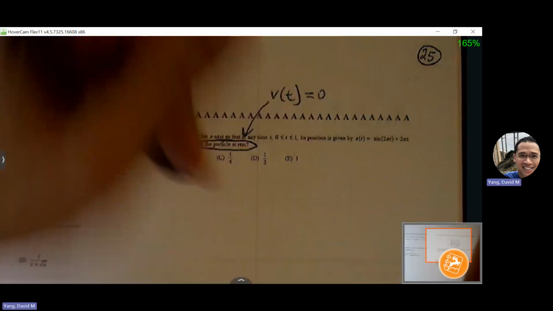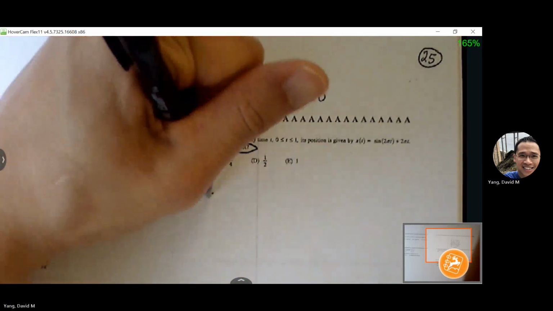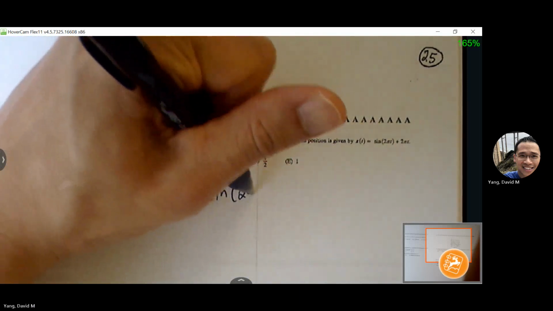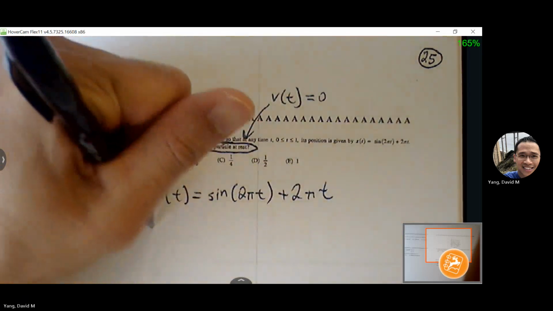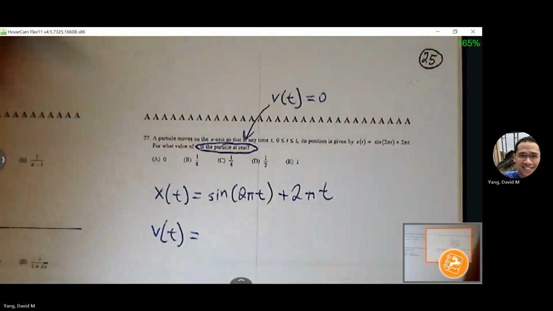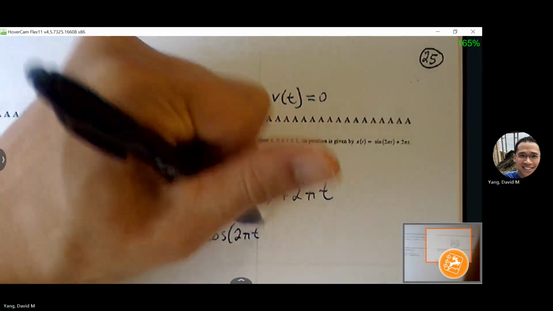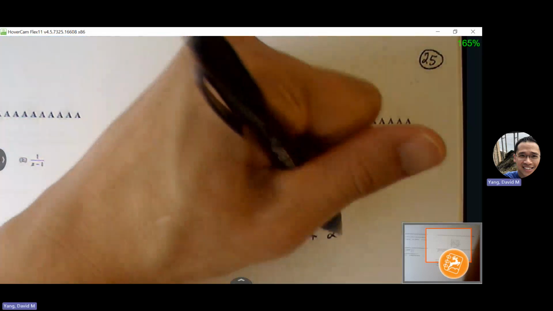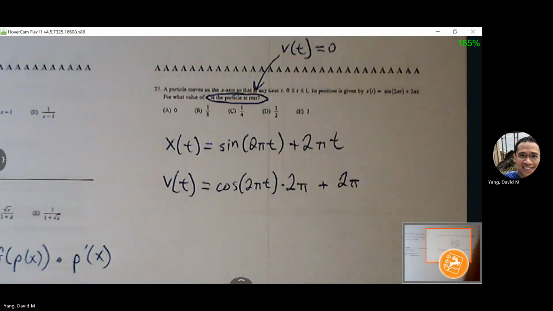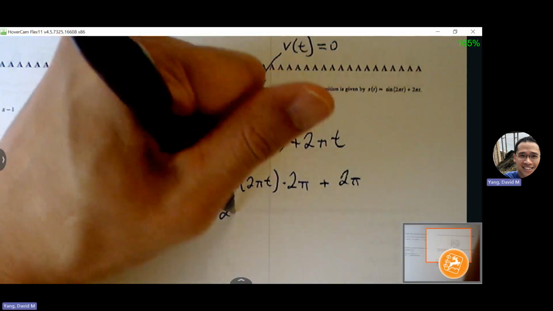To get to velocity, we have to go through the chain rule. Sine of u becomes cosine of u times u prime, and 2 pi t becomes 2 pi. Set that equal to 0.